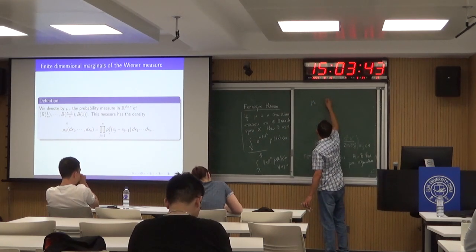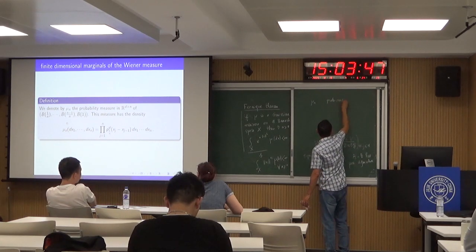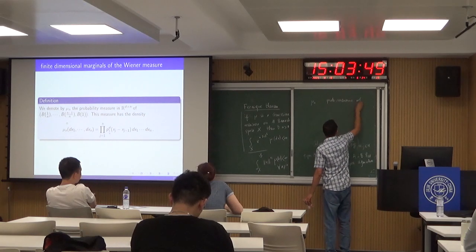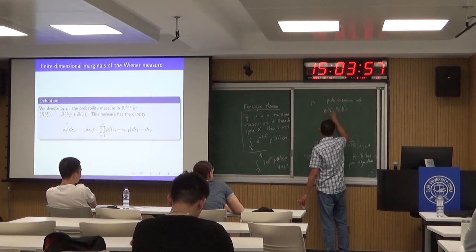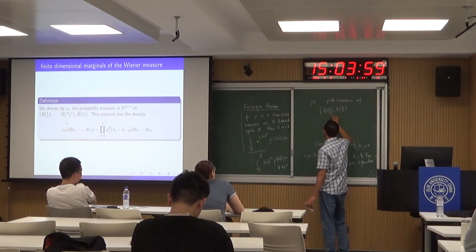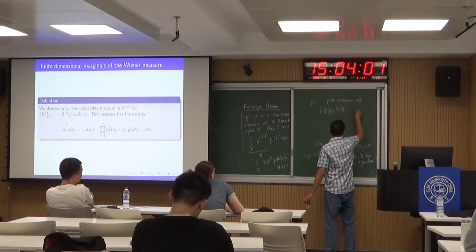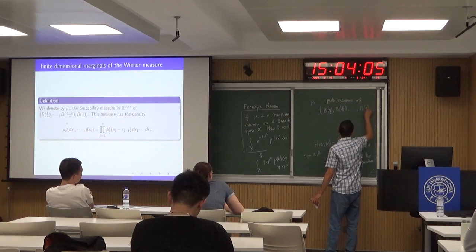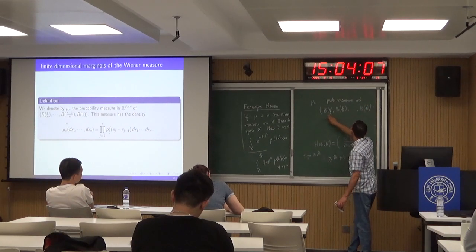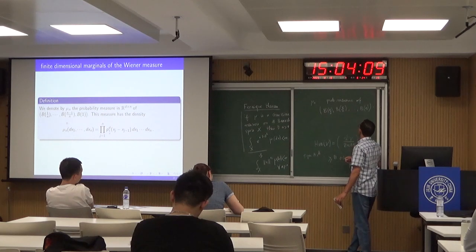So this is a probability measure of b of 1 over n, b of 2 over n. This is a huge vector, because this is d-dimensional, and so on, until b of n minus 1 divided by n, and then b, which belongs to R^d to the power n.